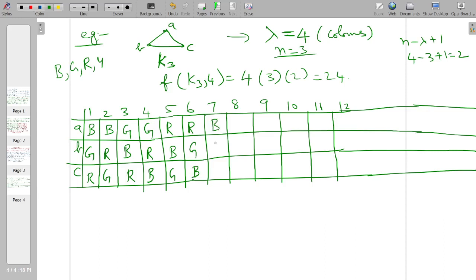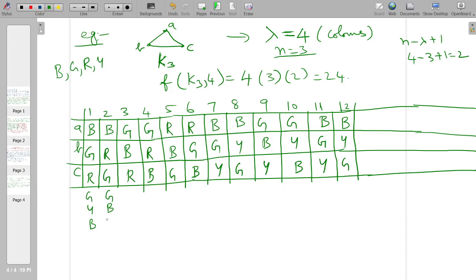Now I'll take blue, green, yellow; blue, yellow, green; green, blue, yellow; green, yellow, blue. The next one would be blue, green, yellow; blue, yellow, green; then green, yellow, blue; green, blue, yellow.